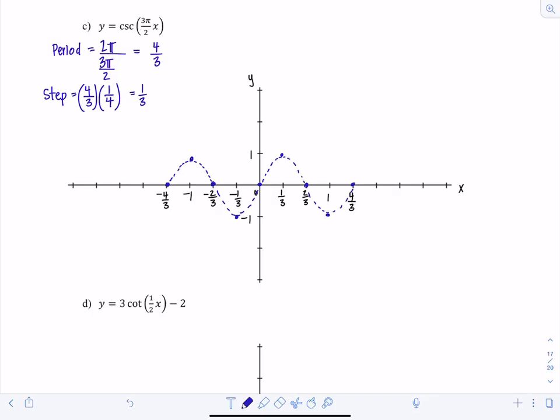And then now let's begin by drawing the vertical asymptote. So everywhere this graph has an x-intercept, we're going to draw the vertical asymptote because that's everywhere cosecant would be undefined. So vertical asymptote right here at -4/3, another one at -2/3. Don't forget the y-axis is a vertical asymptote. I always like to draw a little bit above and below to remind myself. 2/3 is another vertical asymptote.